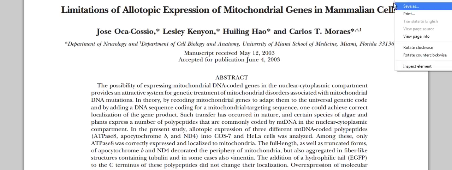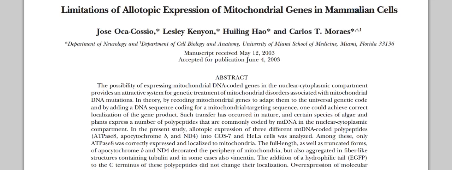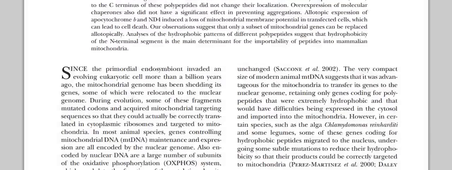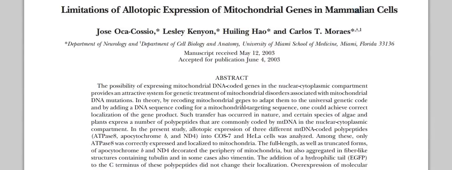So they were successful with one of the proteins, ATPase6. These guys tried 3 different ones. They tried ATPase8, apocytochrome B. Forgive me if I'm not pronouncing these right, because I've never heard of them in my life. I've only ever read stuff like this.